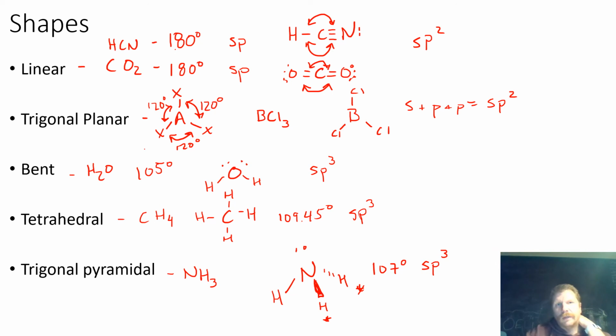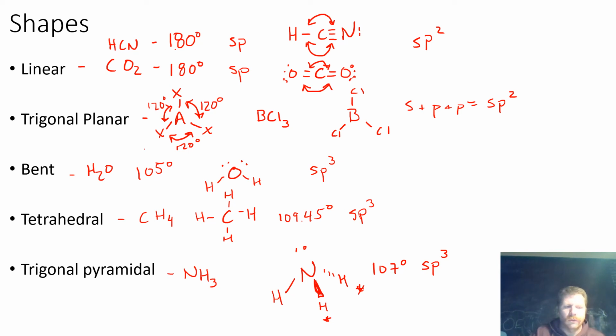So these are all examples of shapes of molecules, and one thing that's important to think about is the number of bonding pairs and non-bonding pairs of electrons, and ultimately the electron domains.